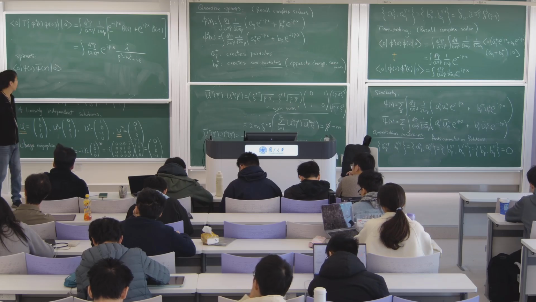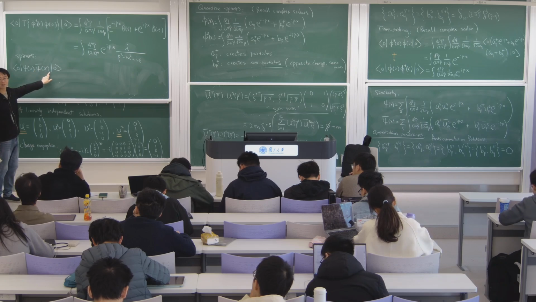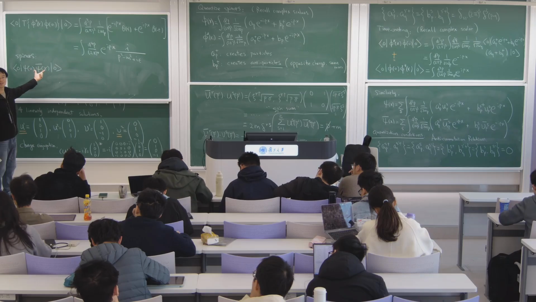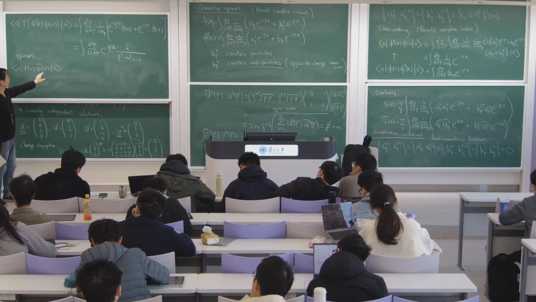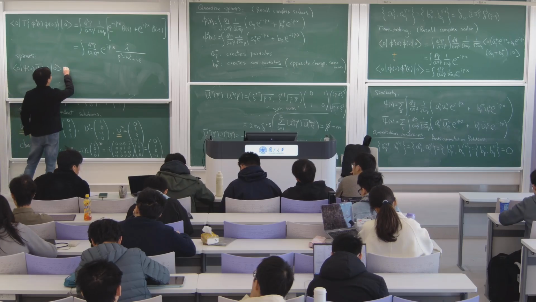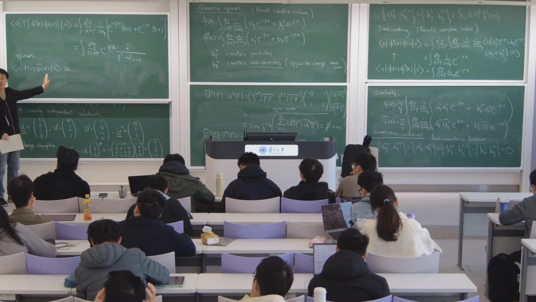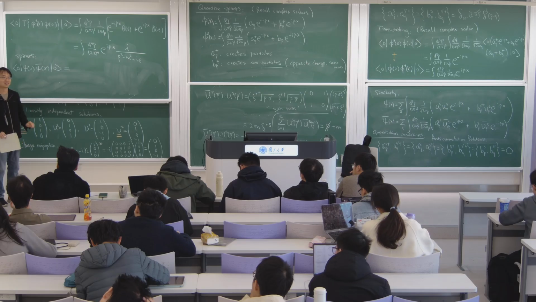So for the propagator, let's just keep the index explicit. This is a matrix. It essentially means that once we calculate this object, we can read off the two-point function between different components.